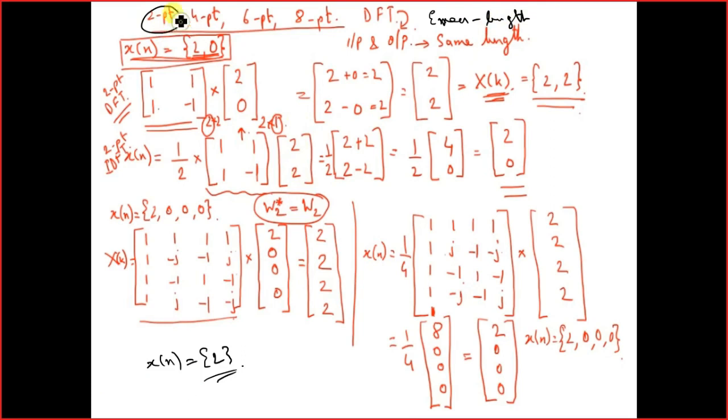That means 2-point, 4-point, 6-point and 8-point DFT can be done, but 1-point DFT cannot be done. So in this case, if we have x[n] equal to 2, we have to convert this signal into a 2-point signal, which is 2, 0, and this addition of the 0 at the end is called zero padding.